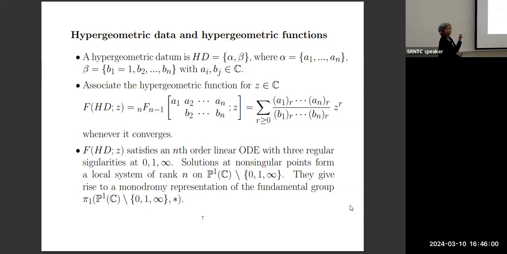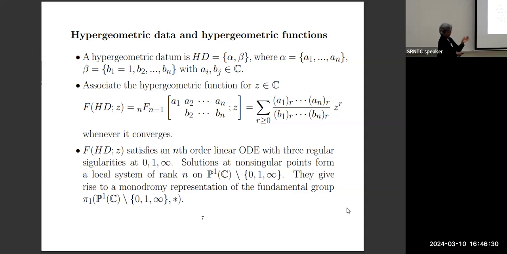At any non-singular point, this nth order linear differential equation has solutions through the given point, and that gives you an n-dimensional vector space. Each point, you collect all the solutions through that point, and as you vary the points among all the non-singular points and collect them, you get a sheaf, or what is called a local system.